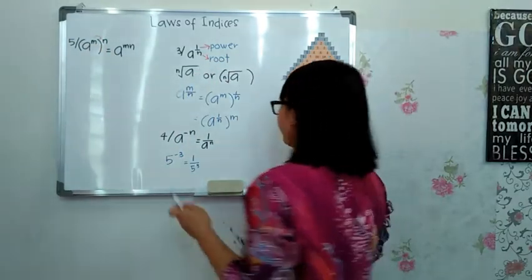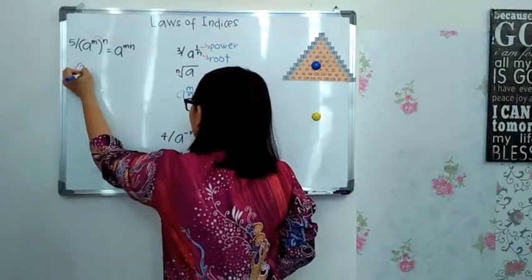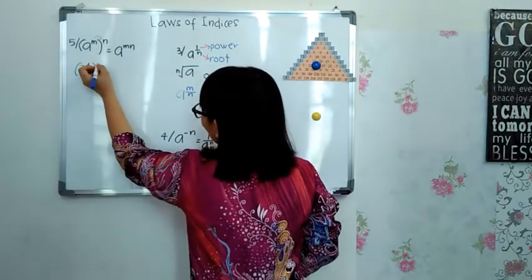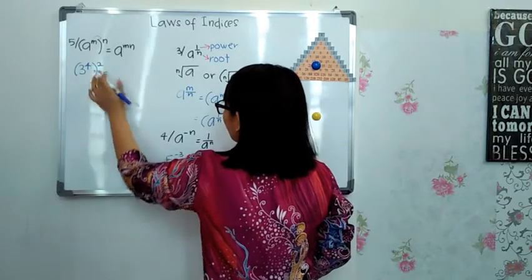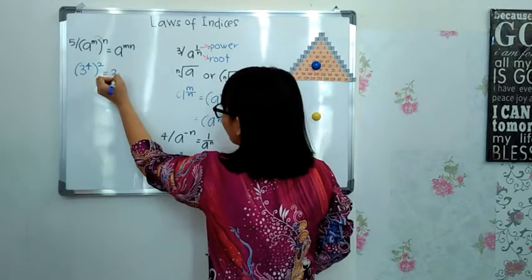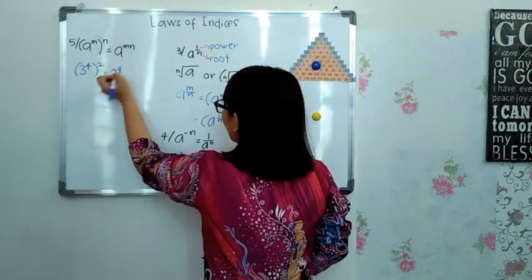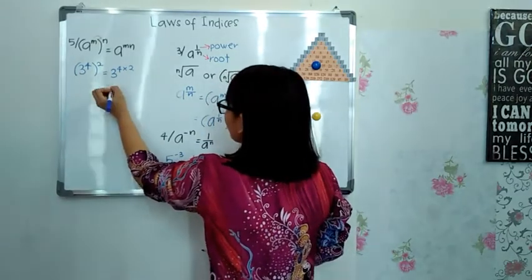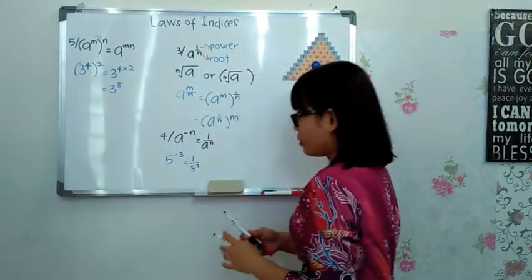For example, 3 to the power of 4 in brackets and then to the power of 2. So we will get 3 to the power of 4 multiply 2, and then the answer is 3 to the power of 8.